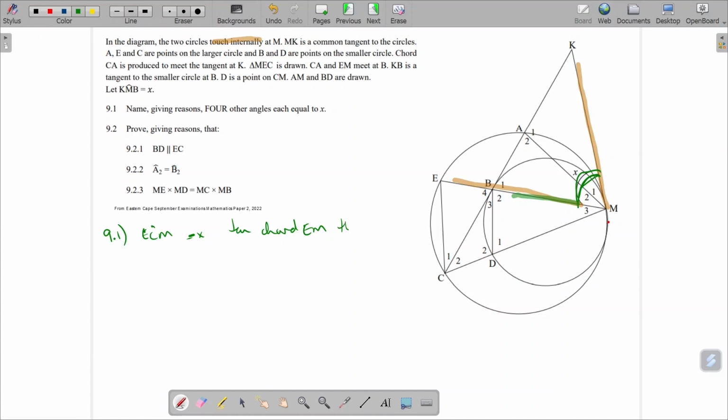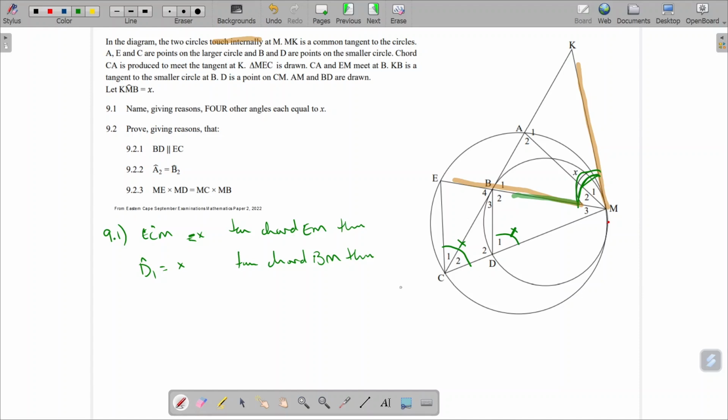And if I was to look at the smaller triangle, I would have D1 equals X, tan chord, and the chord here is BM. Okay, so again, advice: mark things in on the diagram. So that's an X, and that is an X.